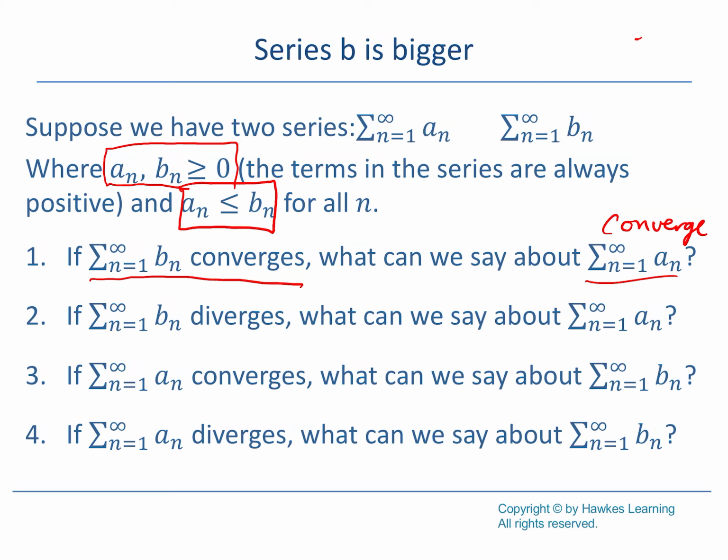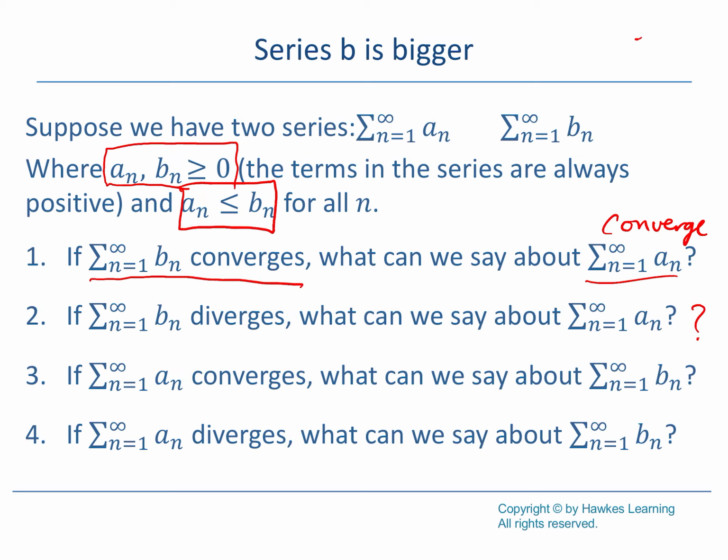Case number two, if the big series diverges, can we say anything about the smaller series? No, that one just gets an extra question mark. If the big series diverges, we don't necessarily know anything about the smaller series. It could converge, it's smaller, or it could diverge. We don't know.